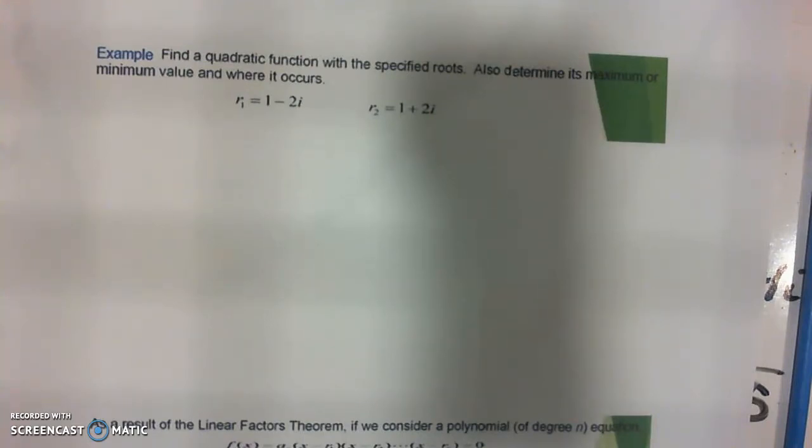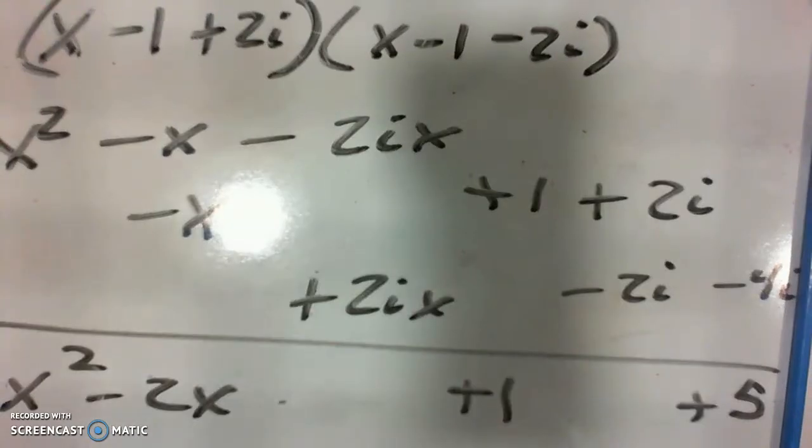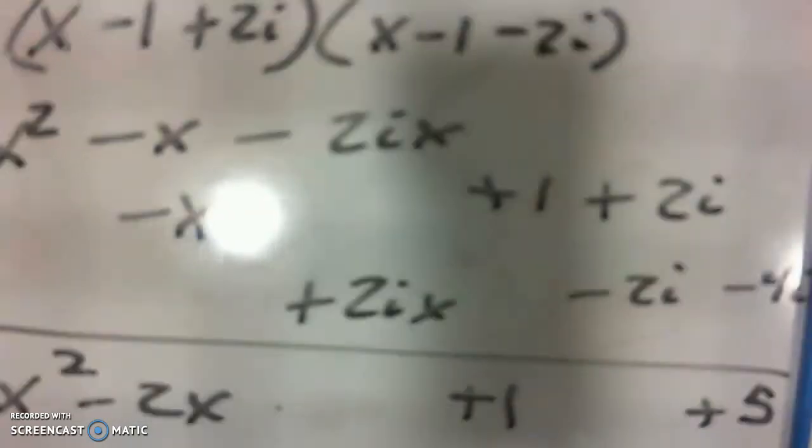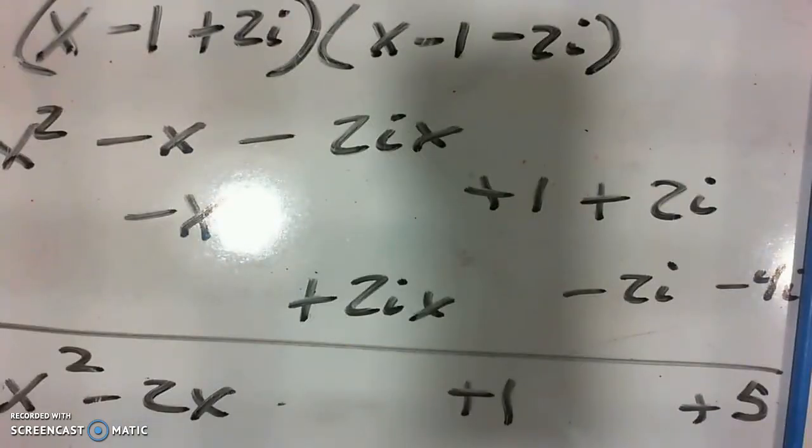These are the roots that I would get if I use the quadratic formula on a quadratic, but in this case we're going backwards. So here I have the factors, x minus 1 plus 2i and x minus 1 minus 2i.